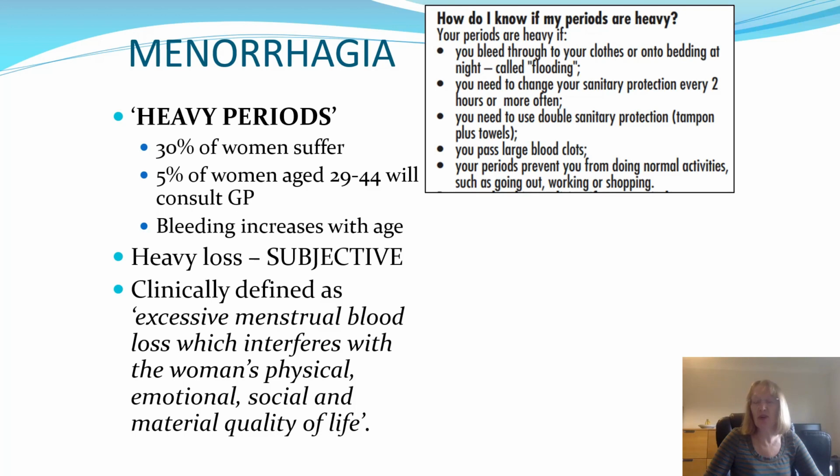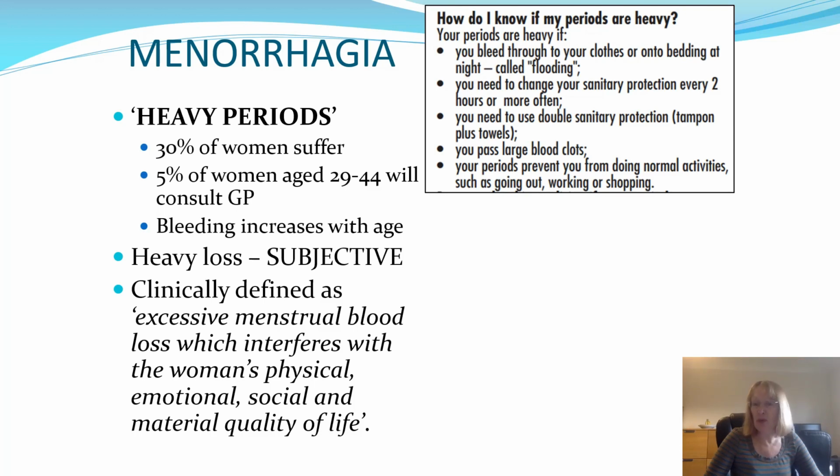They might say, I have constant bleeding, I have to change my pads every couple of hours, I can't go anywhere, I can't sit in the car without bleeding through my clothes. So listen to what people say to you, and if it's affecting their life so that they really struggle to go out anywhere or get to work effectively without worrying that they're going to bleed through their clothes, then that's heavy periods.